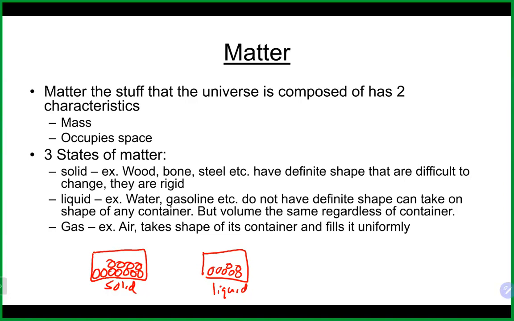The last state of matter is gas. And obviously in the gas state of matter, everybody has basically broken apart from one another and they're flying around, as we'll talk about in the gas chapter. That is what we associate pressure with. Because they are constantly flying, they have a lot of energy. They usually will fill the container they're in uniformly. So they really take the shape of the container because they're thought of as flying around.